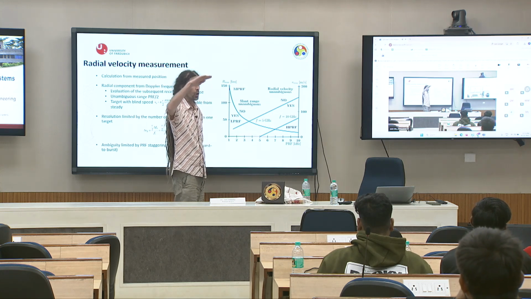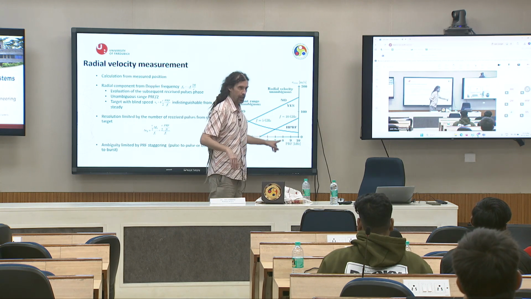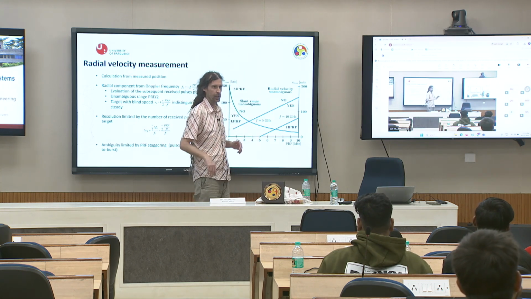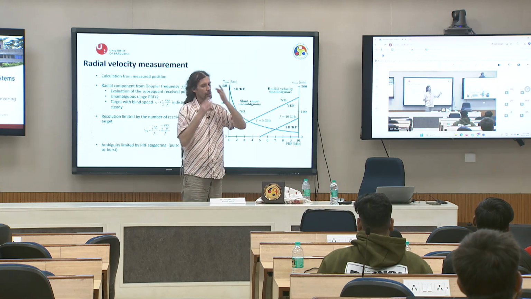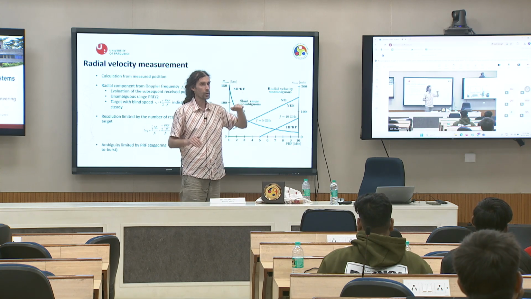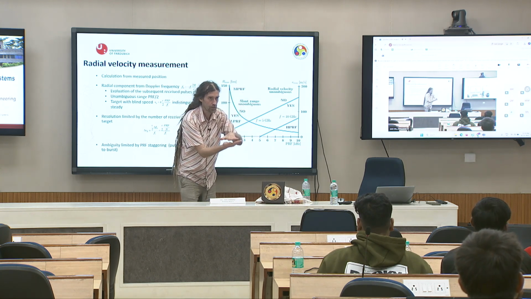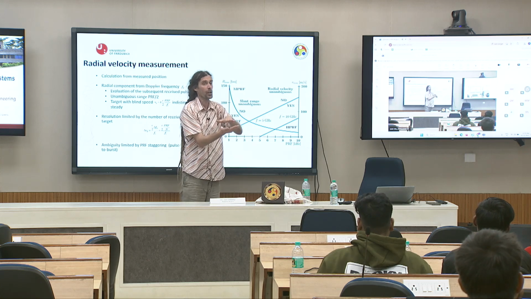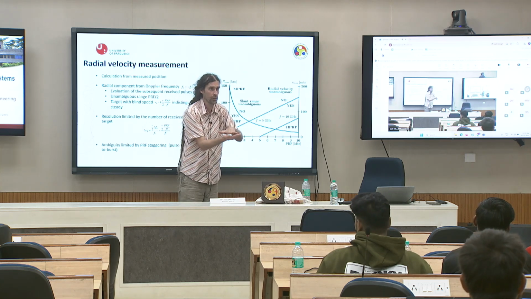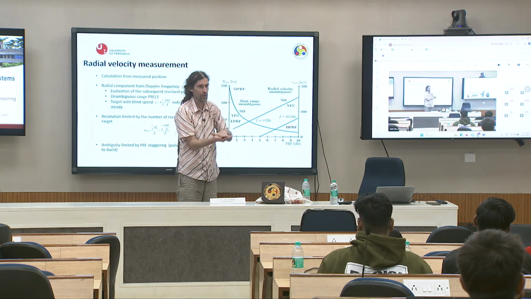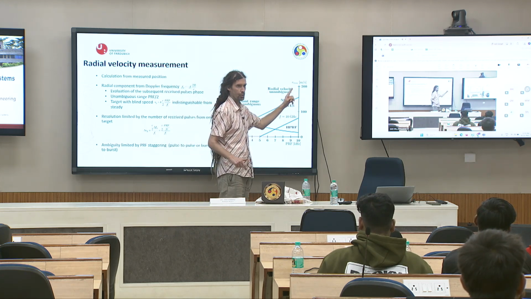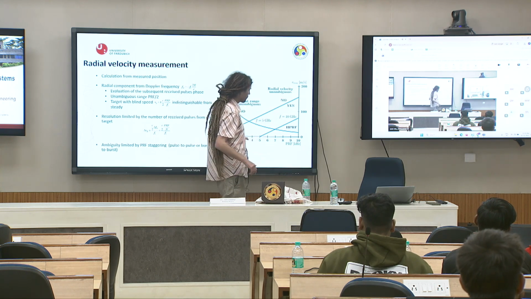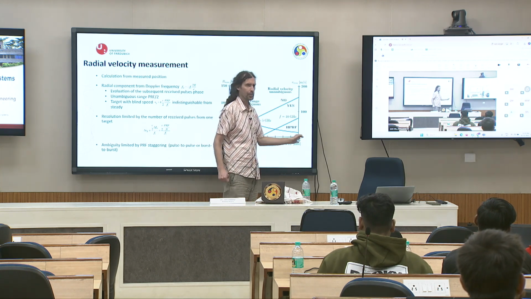And if this PRF is lower, because it is connected with this PRF, then the velocity of the target causes a lower Doppler shift. But if there is a lower Doppler shift, the resolution of this velocity will be bad. So higher frequencies will be better. So from the point of view of radial velocity resolution and detection, I want the highest PRF.